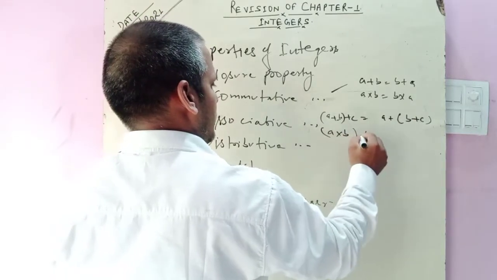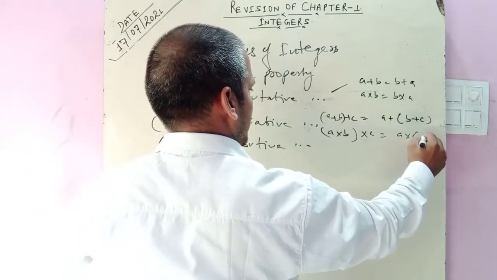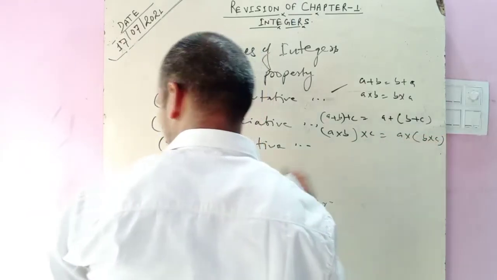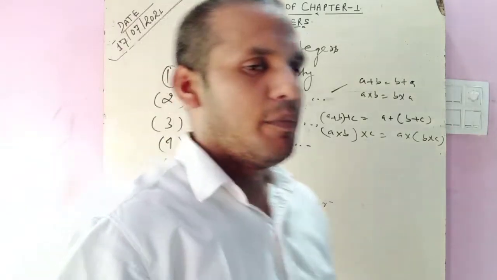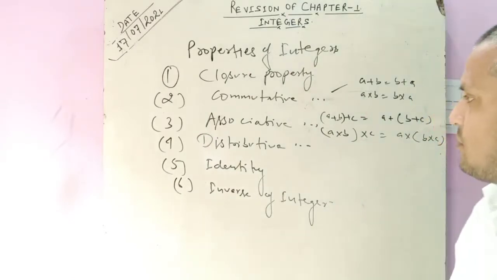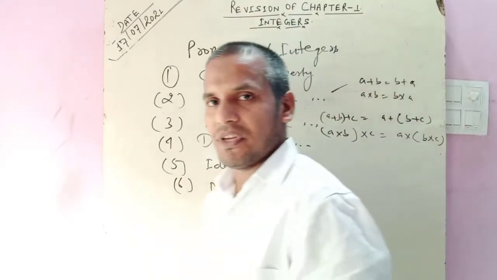If a into b into c, a into b into c, if we use three terms and change the grouping but the result is the same, we can say it holds the associative property under multiplication.